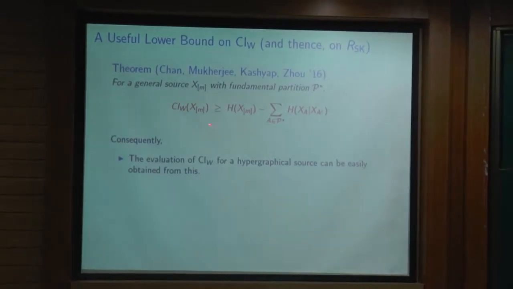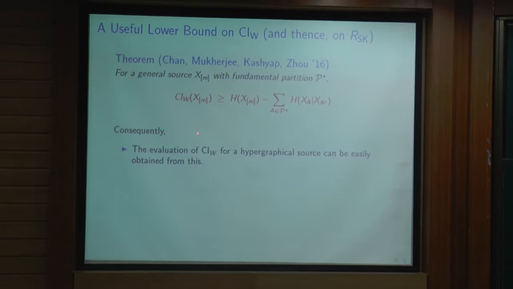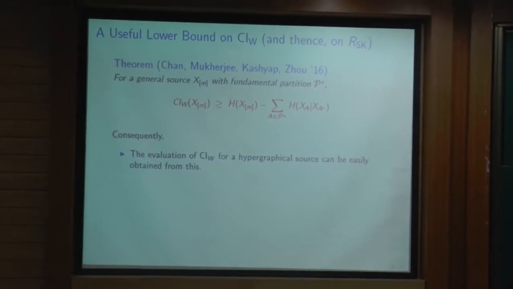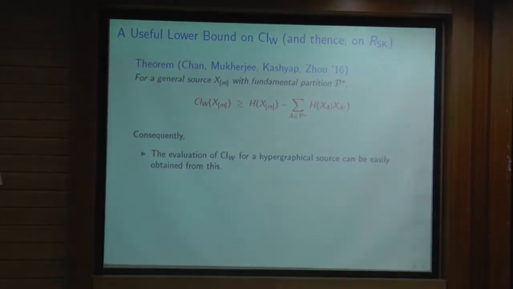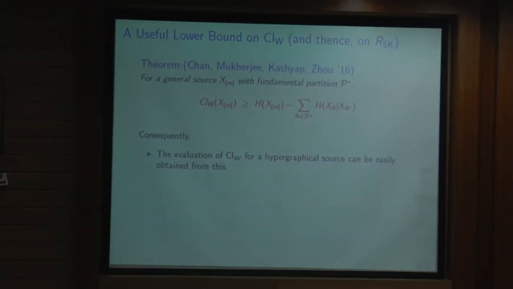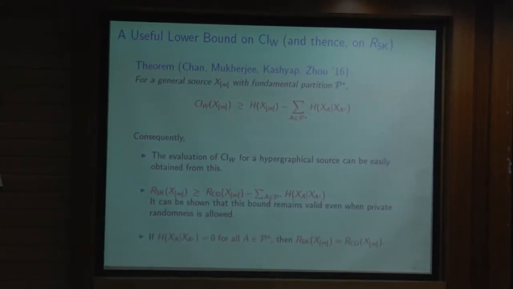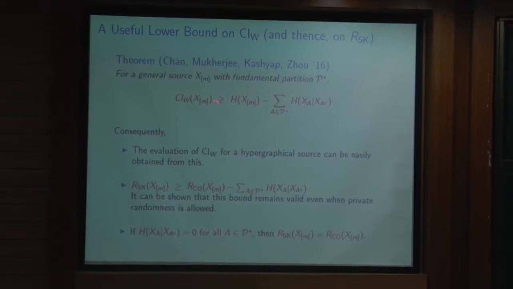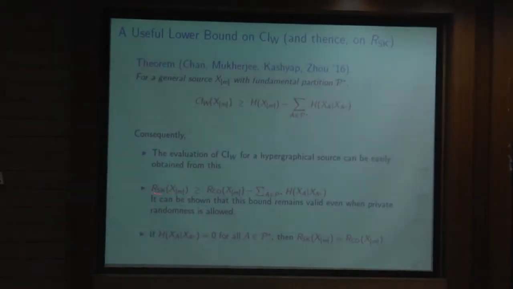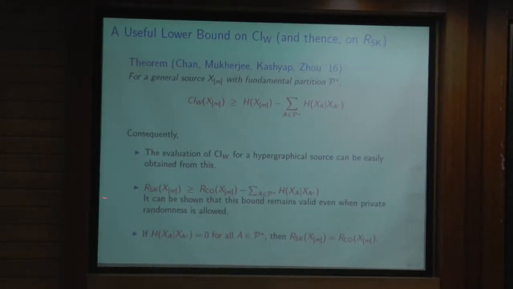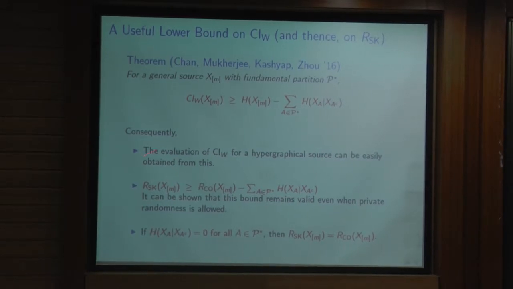If I apply this lower bound of the Wiener common information to a hypergraphical source, it will give an alternative proof of the Wiener common information expression that I gave, instead of using the Beresford-Bolobash compression argument. In particular, by applying this lower bound on the Wiener common information to the RSK problem, we get a lower bound on RSK, because RSK is bounded by Wiener common information minus the capacity.